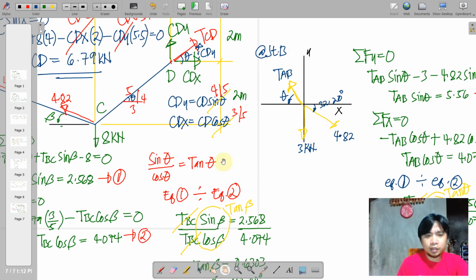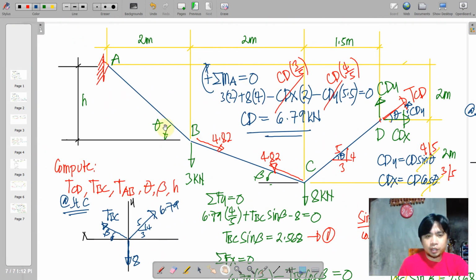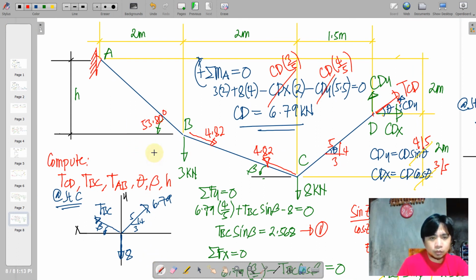So knowing that we have this angle to be 53.8, okay, we will place it here so that we can now solve for our dimension h. You'll just have to place here a vertical line, and then of course this is 2 meters and this is our h.